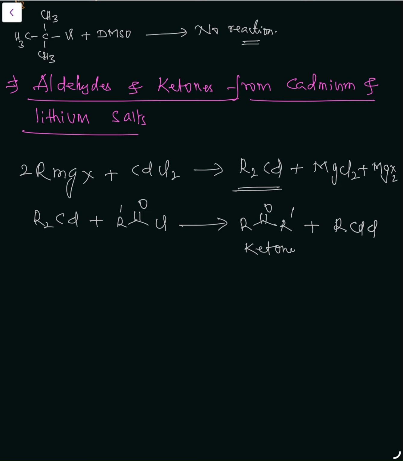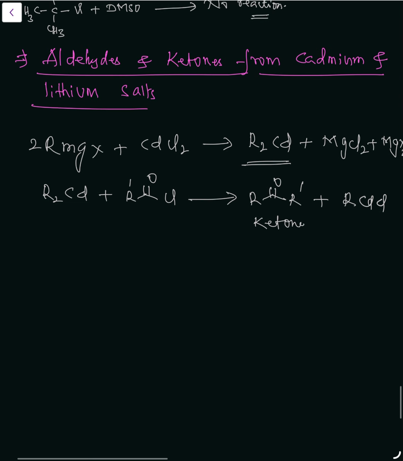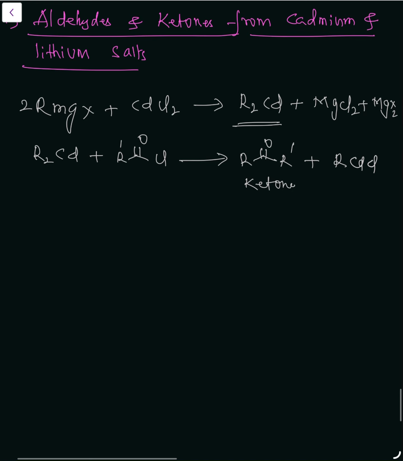So one reaction, let us see, that is lithium salts of carboxylic acids, right? Generally used in preparing carbonyl compounds. First, lithium salts of carboxylic acids react with methyl lithium, then we get an intermediate product, that is RCOO minus Li plus, reacting with methyl lithium.